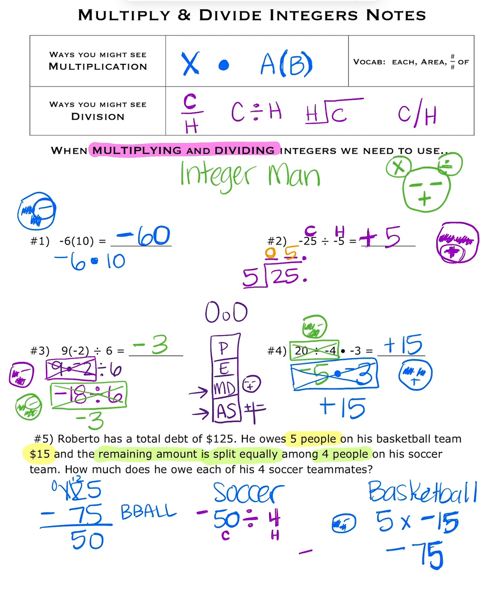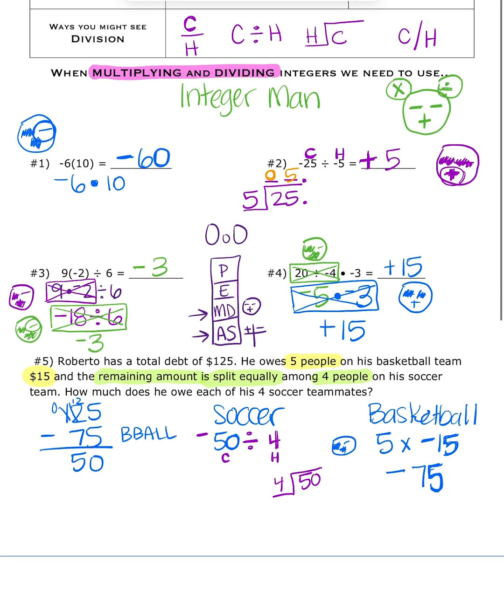Okay, so we're going to take our 50 and we're going to put it in the house, and we're going to divide by 4. Okay, so boots, hats. 4 people can sit in 5 chairs one time with 1 left over. Bring your 0. 4 people can sit in 10 chairs 2 times with 2 left over. We can't leave a remainder, so we're going to add a donut. 4 people can sit in 20 chairs 5 times.